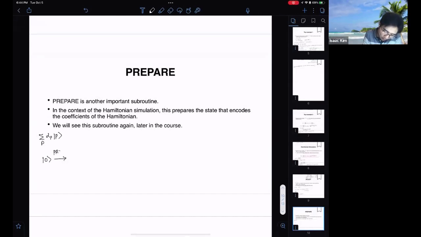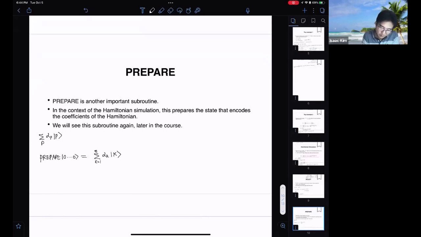So if you apply the prepare operation to some fixed state, let's say the all 0 state, then what we end up having is this general superposition state.